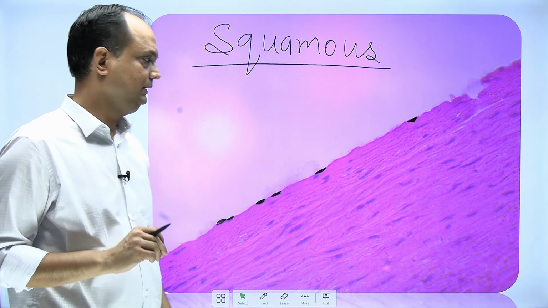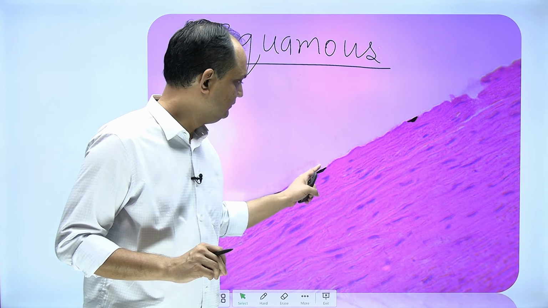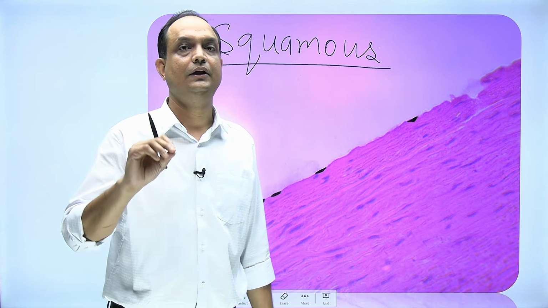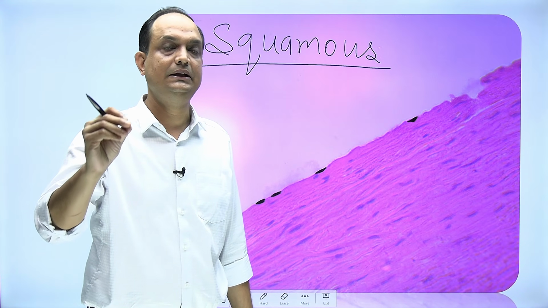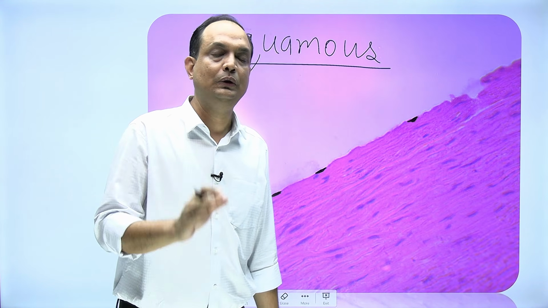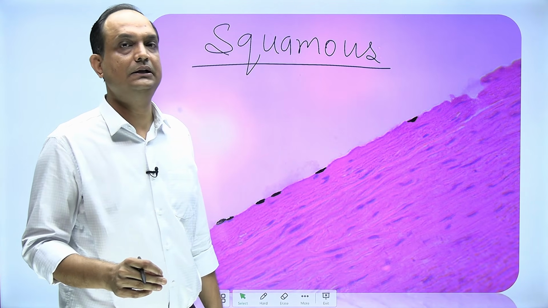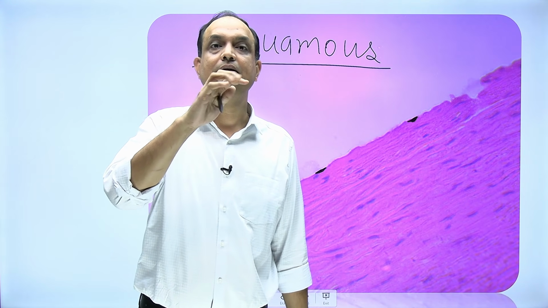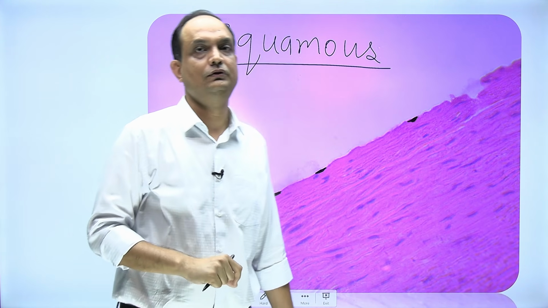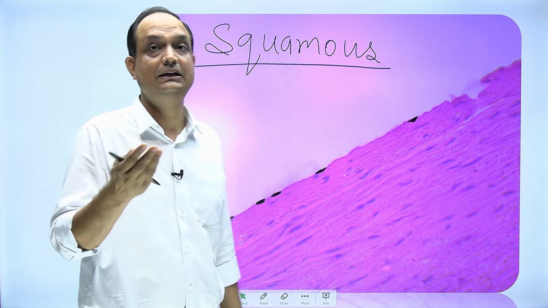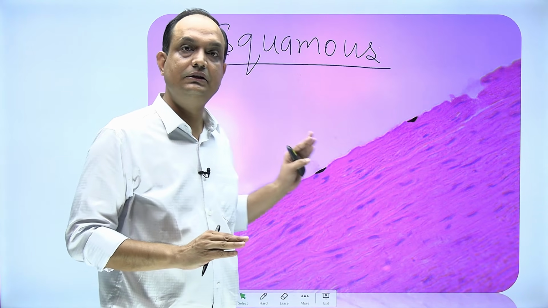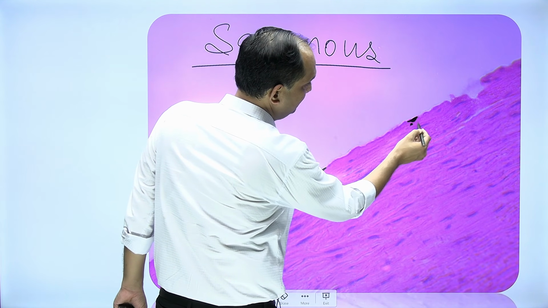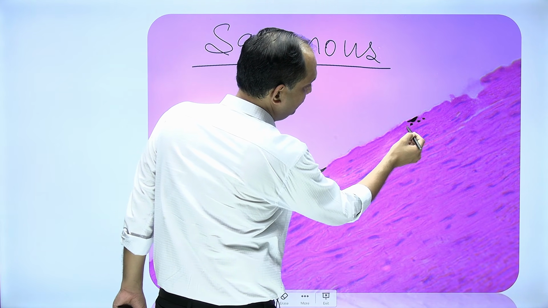Now, you may ask this question, why is it not stratified? My dear students, I already told you that in stratified epithelium, the name is given on the basis of the top cell and there is a presence of multiple layers of nuclei, which we will see in the coming slide. Then you are able to differentiate. It is not stratified, because if it is stratified, then you will have multiple nuclei in very close vicinity.